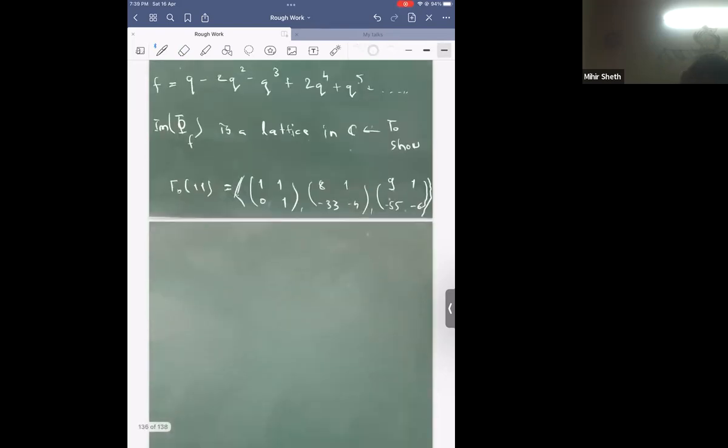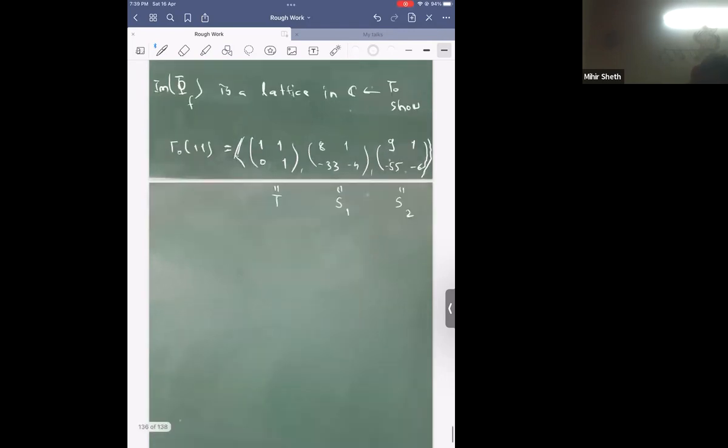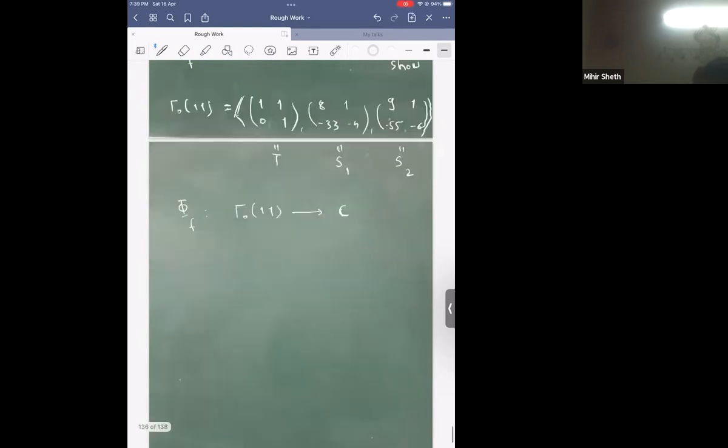The first is the translation by 1. Let's call it T, and the other two S_1 and S_2.